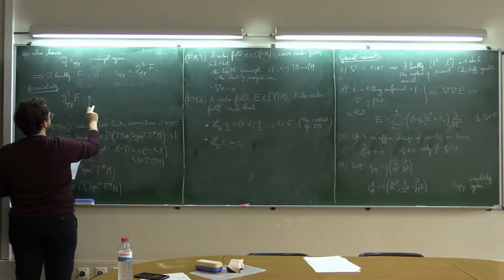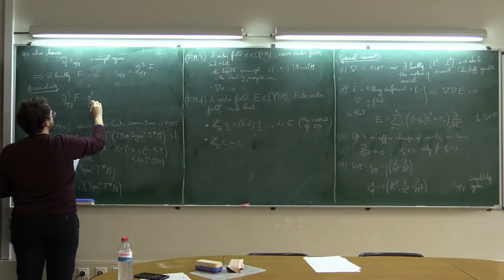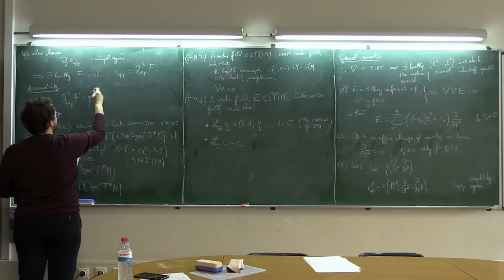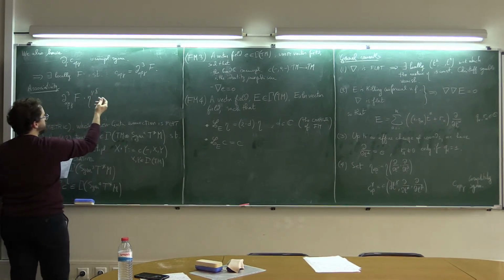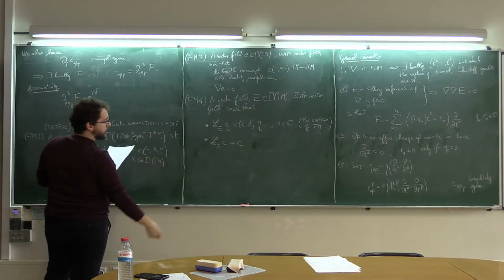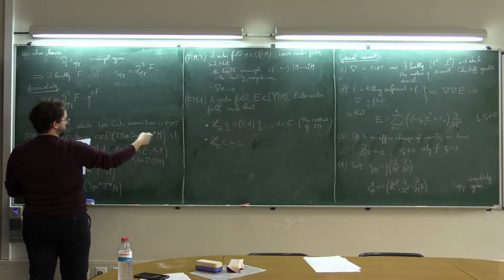I will use the Einstein rule of summation over repeated indices, and I will denote by upper eta gamma delta, with upper indices, the inverse of the metric eta.